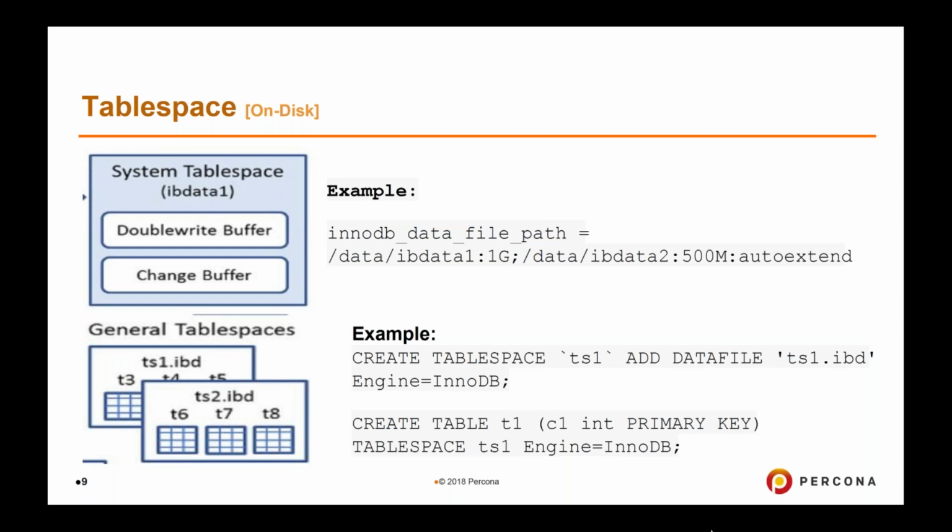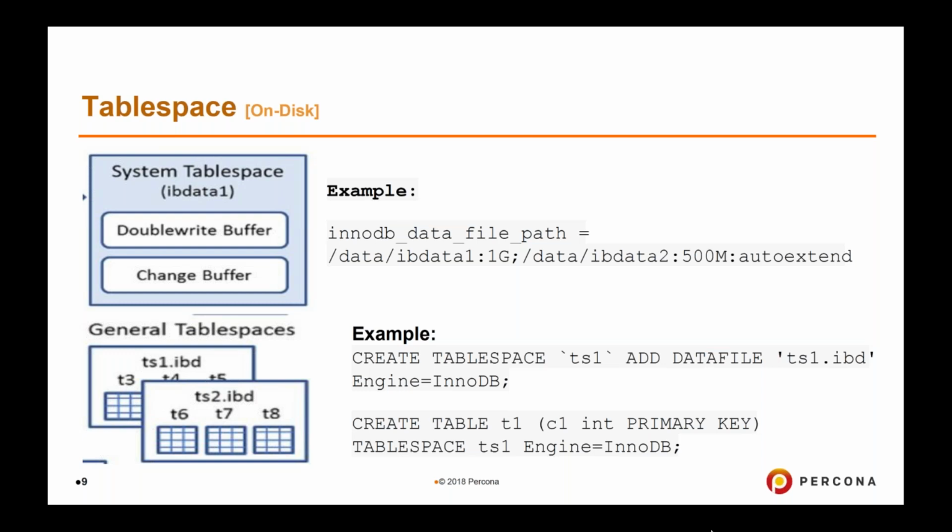Rather than storing 70,000 files, I'm just keeping one file. That's the benefit of the general table space: to centralize everything and manage it, and to avoid the extra number of files in case it exceeds 70 to 80,000.